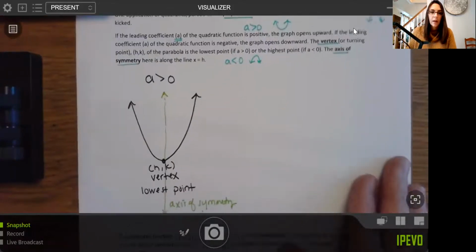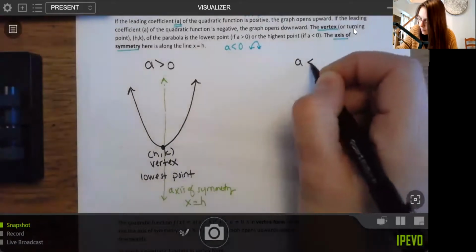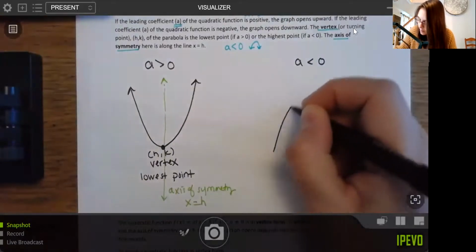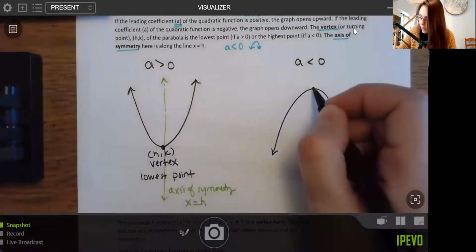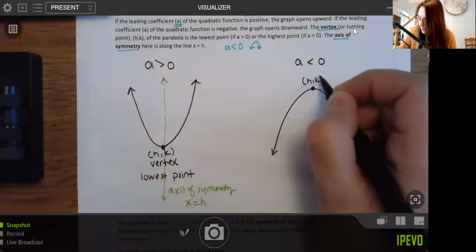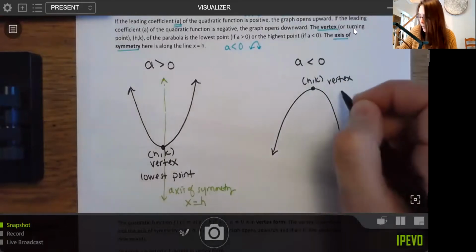Okay. If your a is less than 0, then your graph is going to look like this. Your vertex would be here instead. And in this case, it's going to be the highest point.